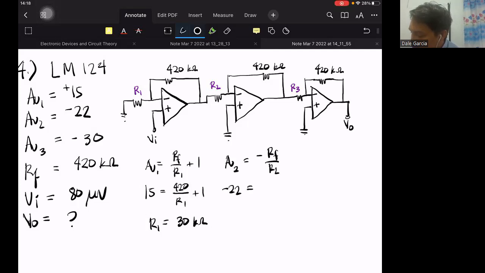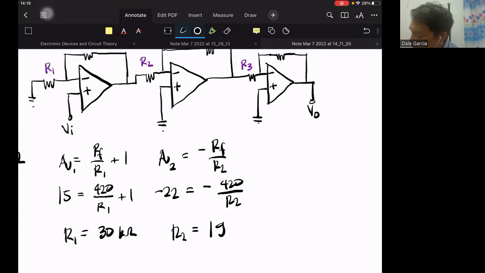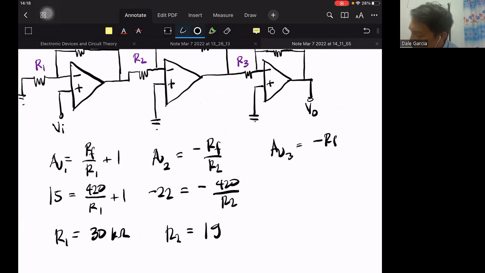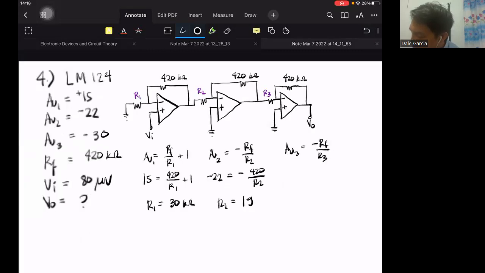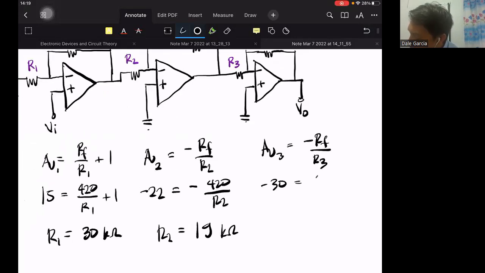Negative 22 is equal to negative 420 over R2, so 19K. R3 for negative 30 is 14K.